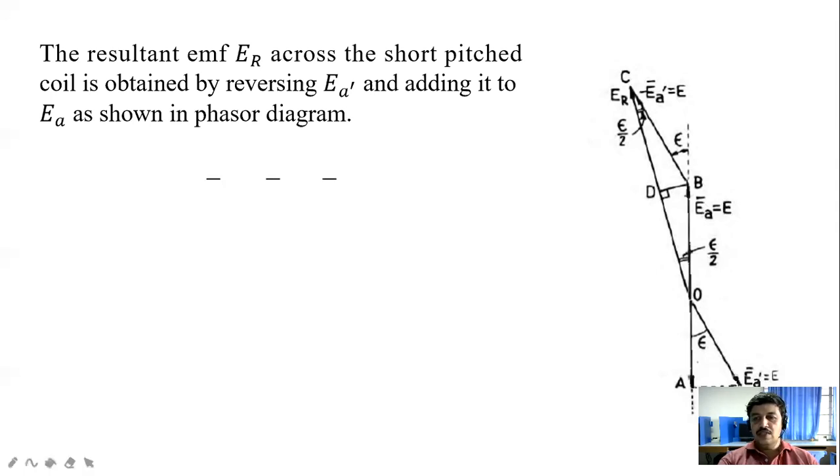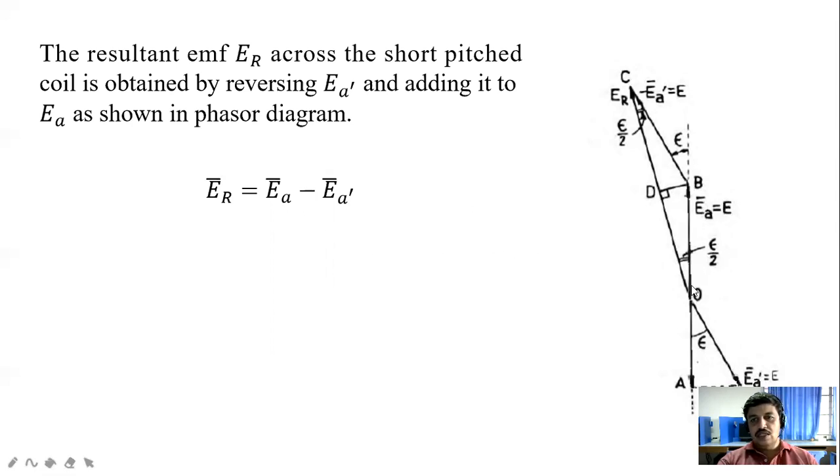So we reverse this phasor EA dash and add it to EA to obtain the resultant phasor ER. The resultant EMF induced inside the alternator, or coil AA dash, is equal to EA plus minus of EA dash, that is EA minus EA dash.